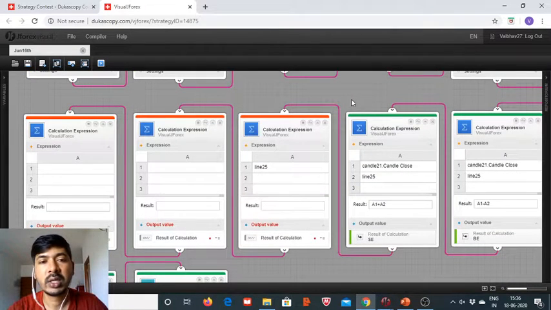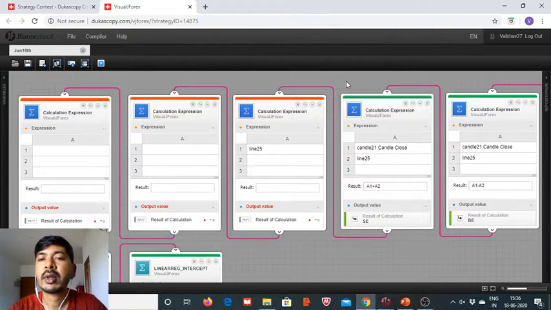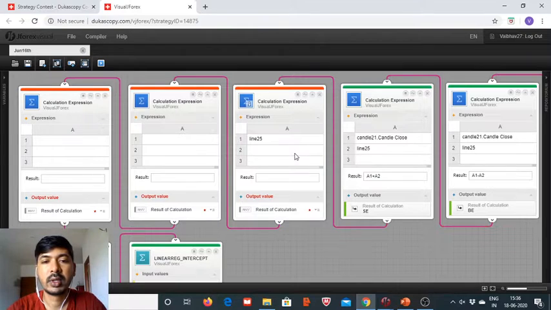So to change those pips into integers, we will need to multiply it by 10 raised to the power 4. So we do the calculation here.